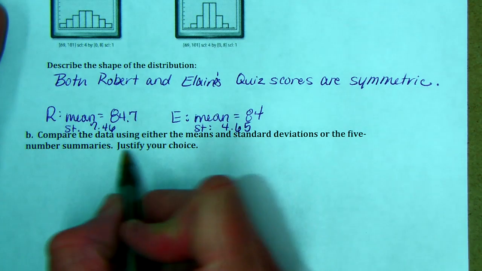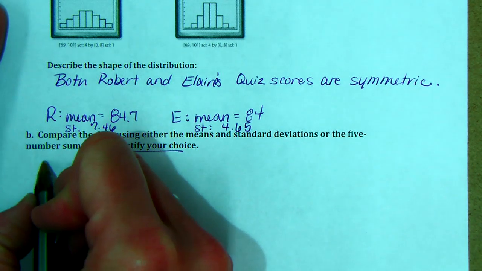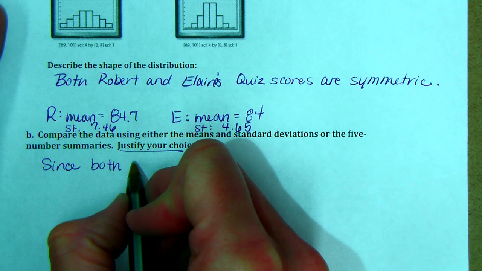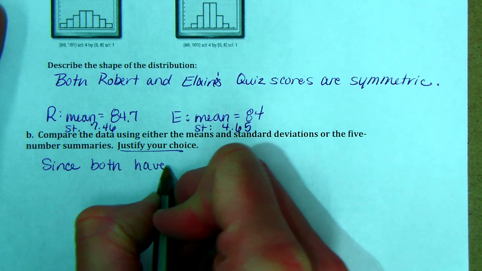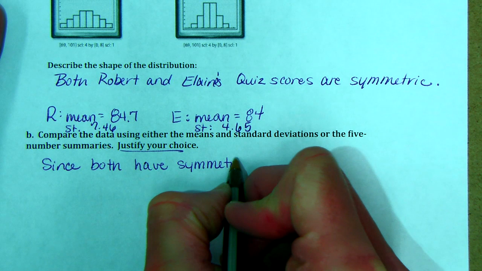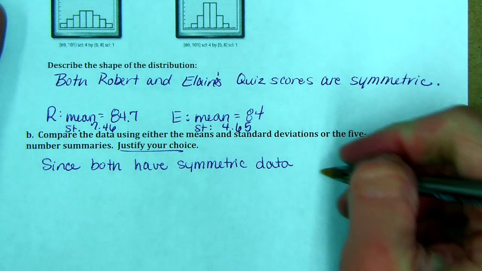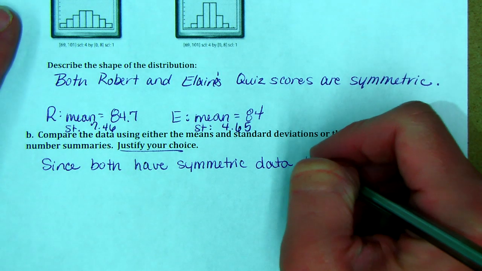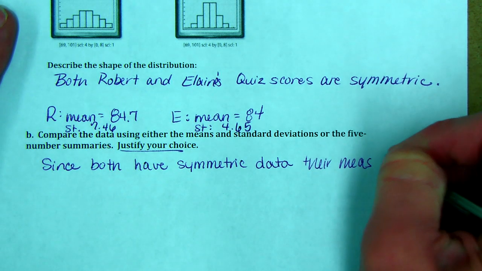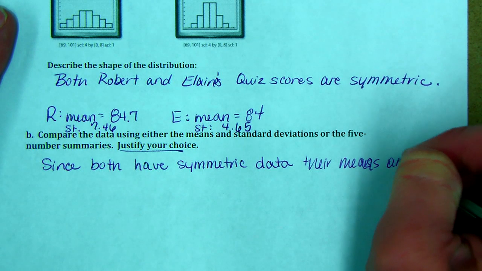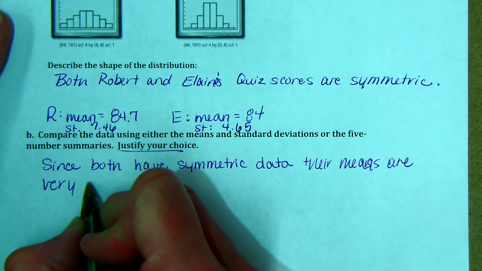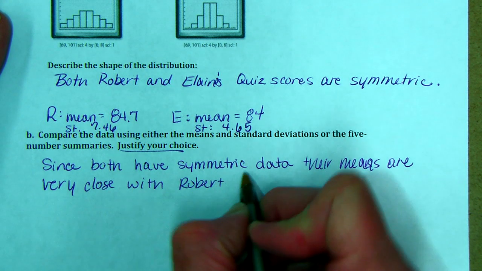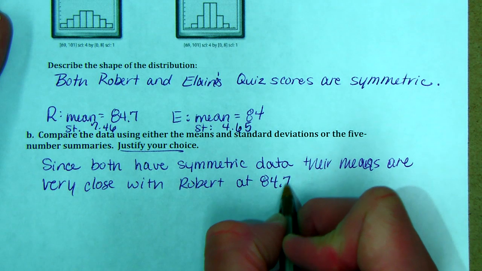Since both have symmetric data, their means are very close, with Robert at 84.7% and Elaine at 84%.